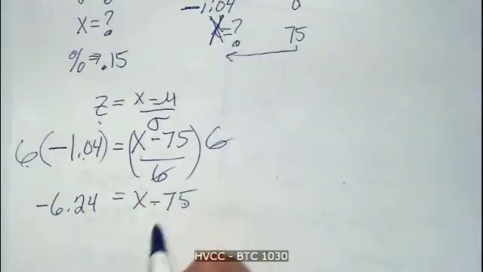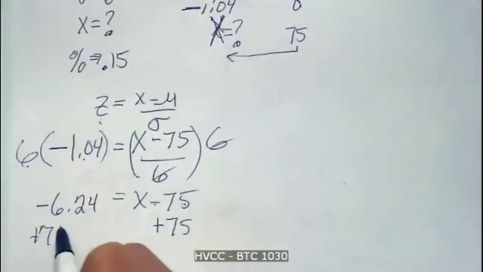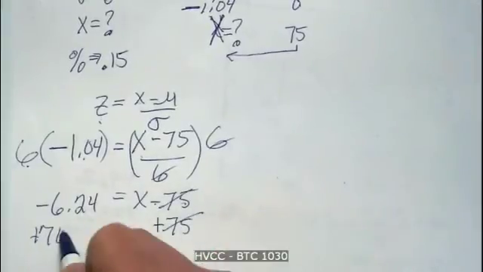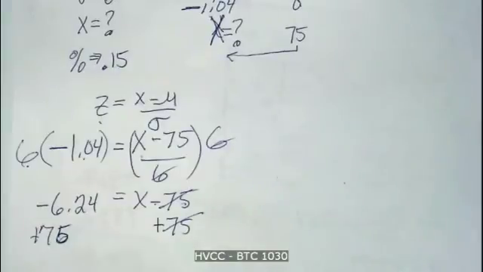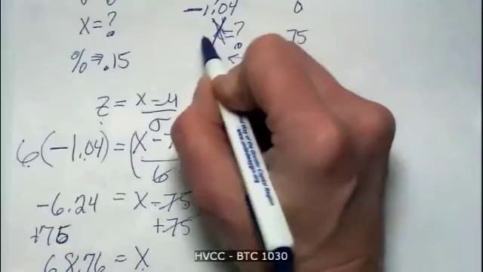This is minus 75, so we're going to add 75 to both sides. They cancel out. I have X. And if we add those up, we have 68.76 is our X.